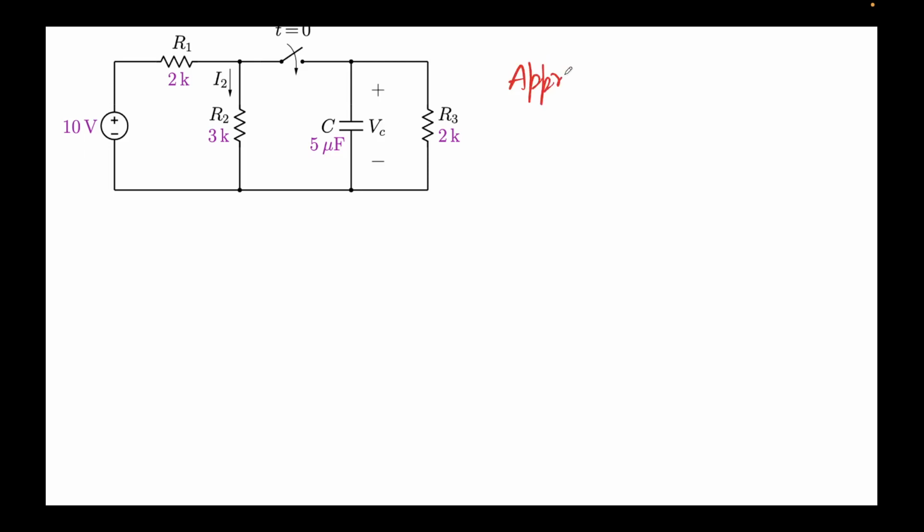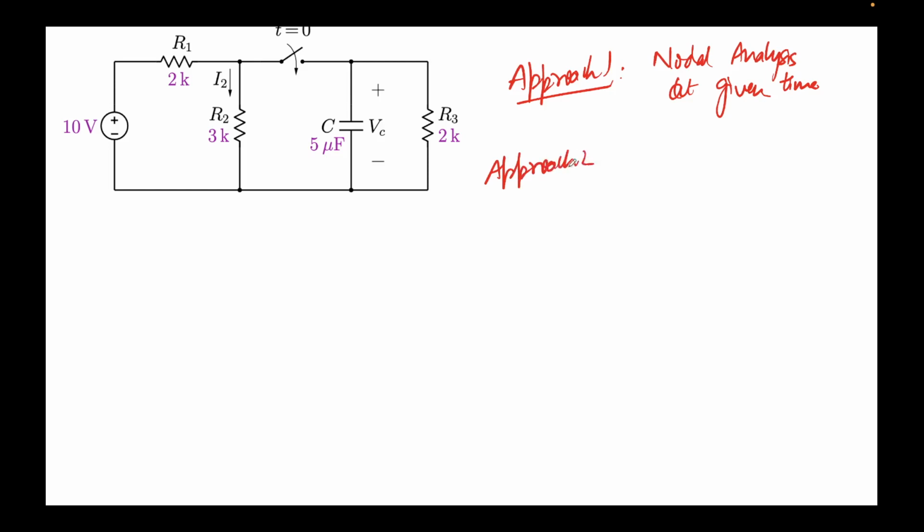So approach 1 is nothing but nodal analysis at a given time. And approach 2, again you can say nodal analysis, KCL, KVL, whatever name you want to give it, is nodal analysis for general time.